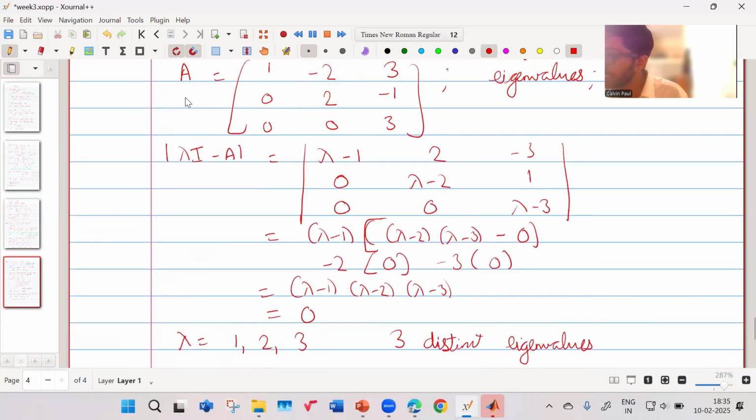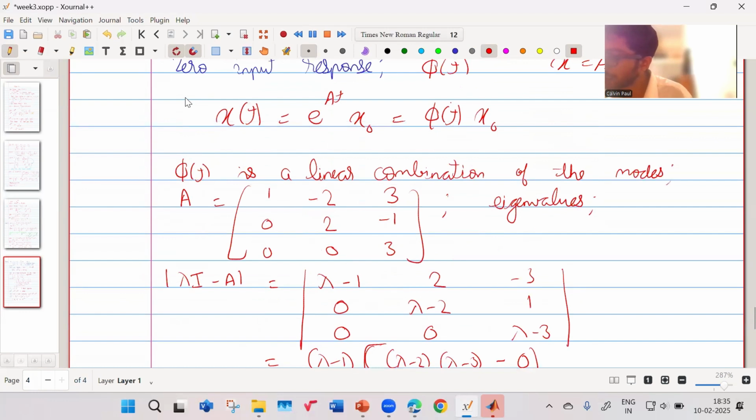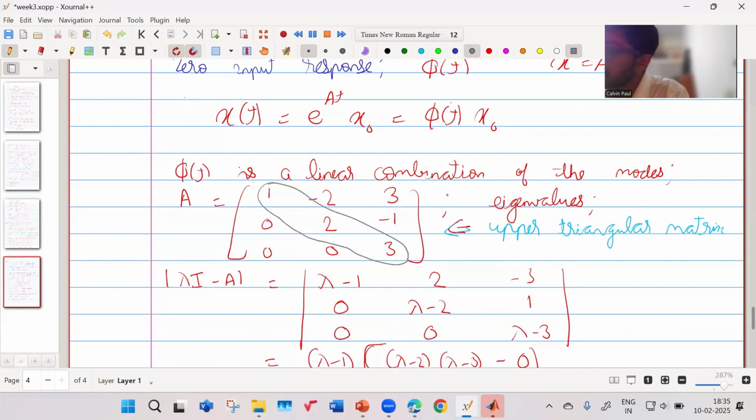Okay, so one thing I'd like to point out is, if you notice, this A is an upper triangular matrix. And because it is an upper triangular matrix, these diagonal elements are the eigenvalues of this matrix.